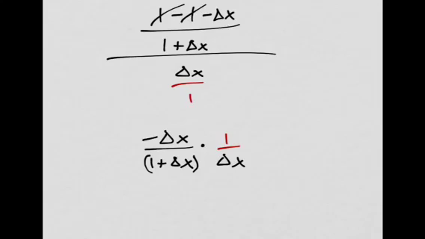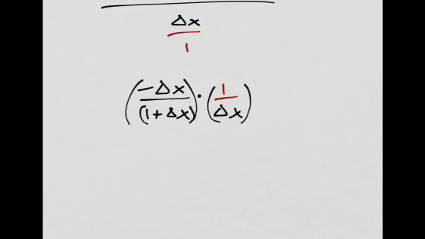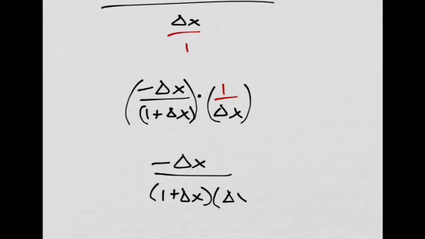When I'm multiplying, put the quantities in parentheses. If I'm multiplying fractions, I multiply straight across the top, straight across the bottom. So I have negative delta x over 1 plus delta x times delta x.